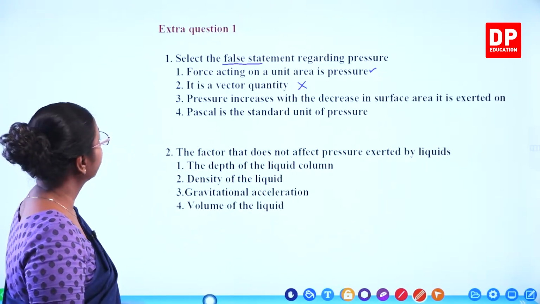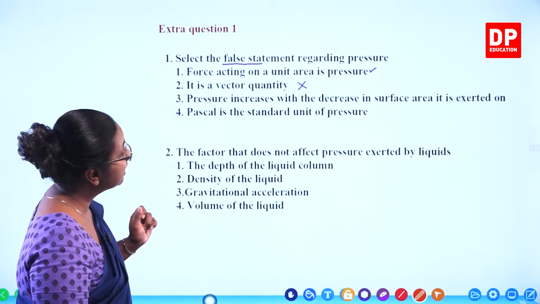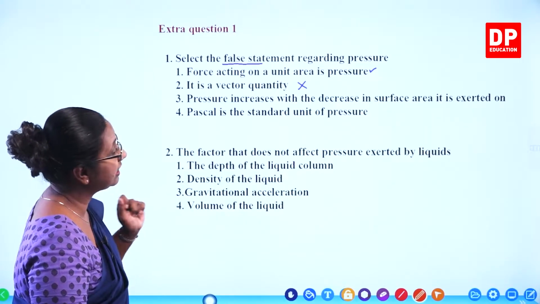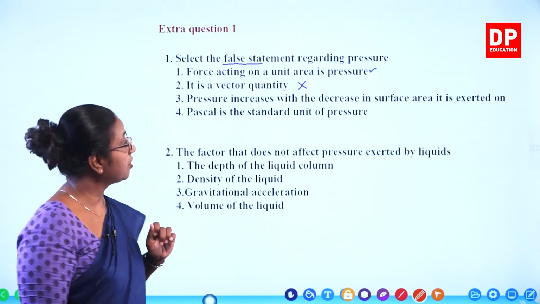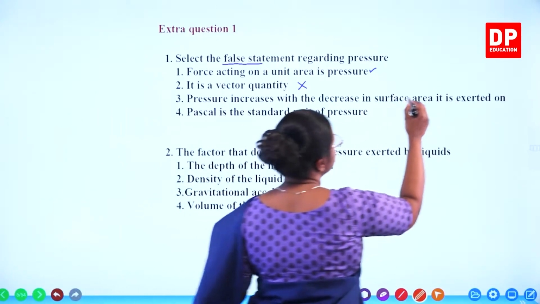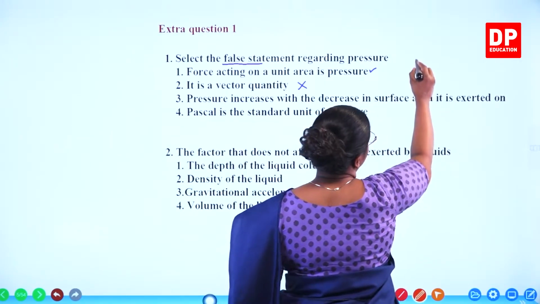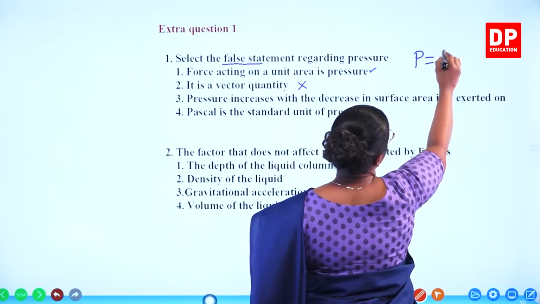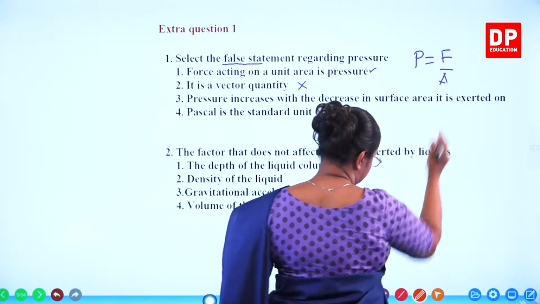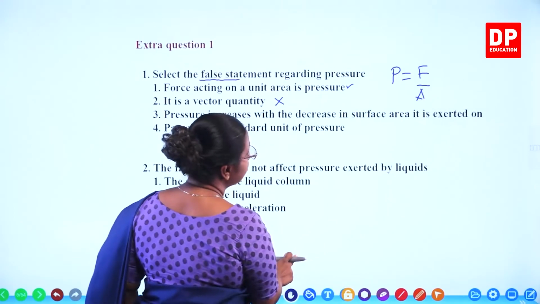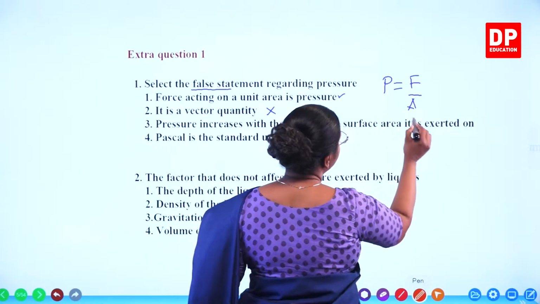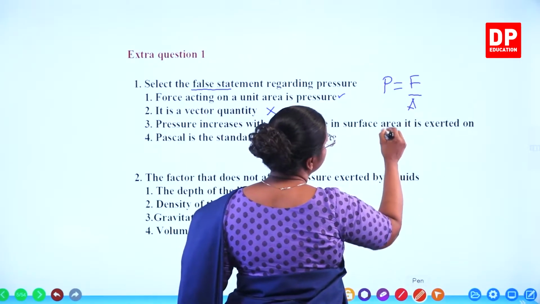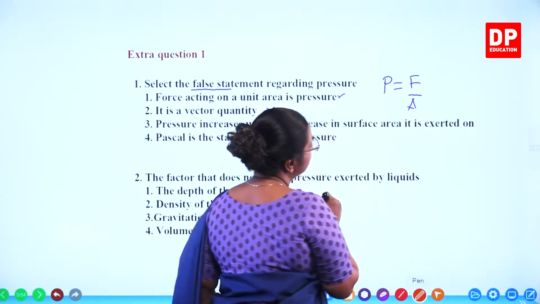Then the third one, pressure increases with the decrease in surface area it is exerted on. That is of course correct. Because students, if we take the equation, pressure equals force over area, pressure is directly proportional to force.